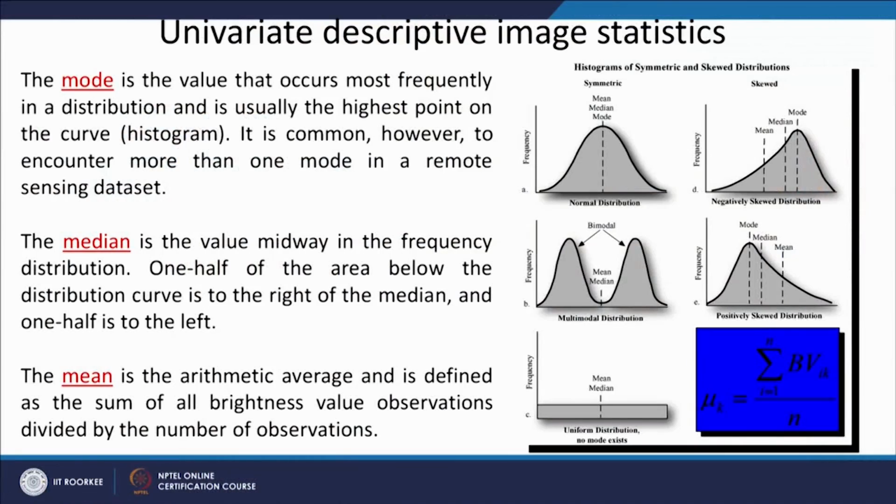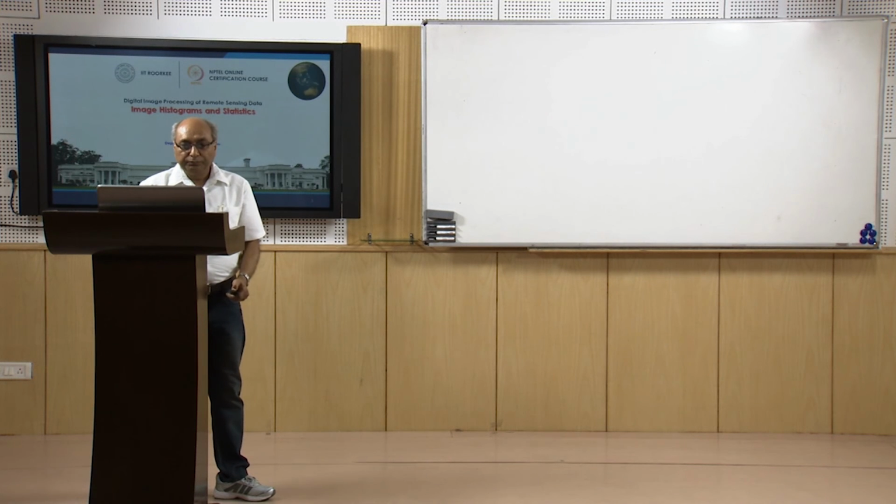And the mean is the simple arithmetic average, defined as the sum of all brightness value observations divided by the number of observations, which are displayed here. So this brings us to the end of this discussion on how the histogram, bivariate plot and LUTs can be used before we go for serious image enhancement techniques.